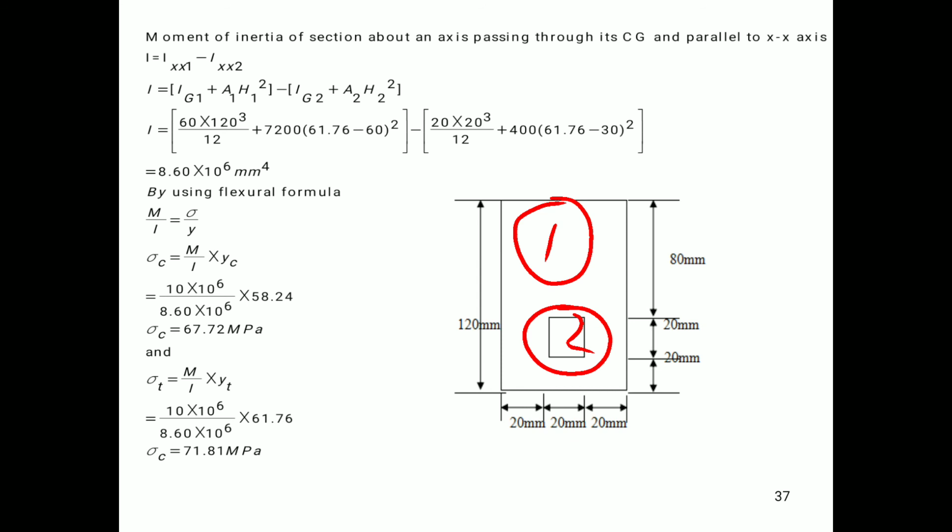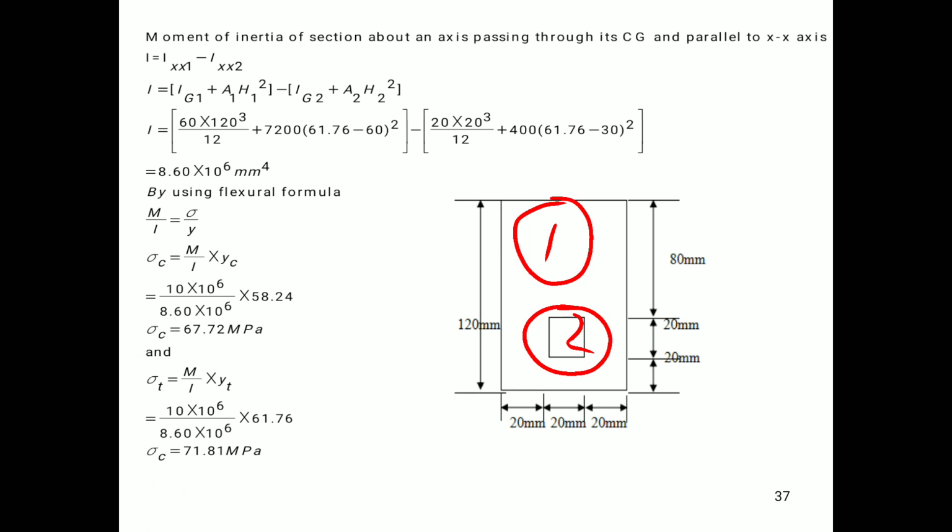We have sigma c is equal to 67.72 megapascal or Newton per mm square, and sigma t is equal to 71.81 megapascal. Oh, here instead of sigma c it is sigma t. By mistake this happened. This is not sigma c, it is sigma t. So the value of sigma t is 71.81 megapascal.